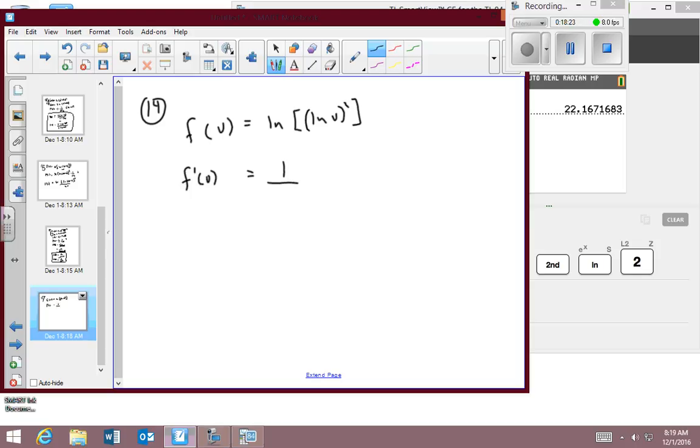So this would be 1 over the argument, ln of v quantity squared. Then we do the derivative of the argument. So I'm just going to do it this way, I'm going to do the derivative of the argument.